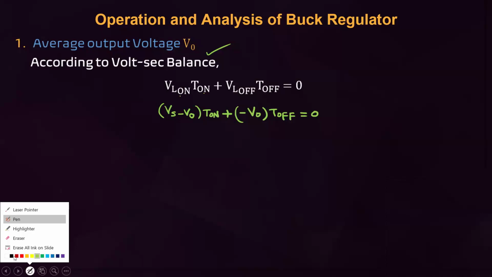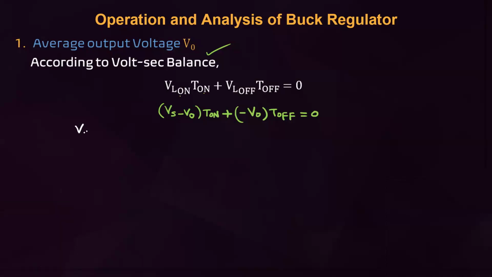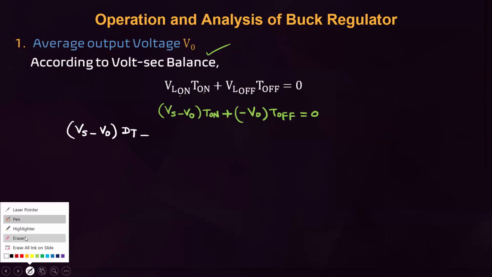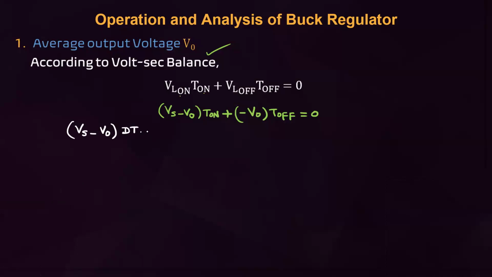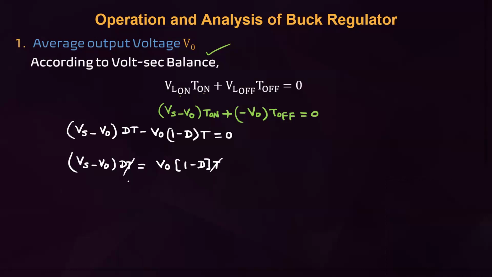What is T on? T on equals DT, just now I told you. So Vs minus V0 into DT, minus V0 into T off, which is 1 minus D into T, equals 0. Then Vs minus V0 into DT equals V0 into 1 minus D into T. The T cancels.